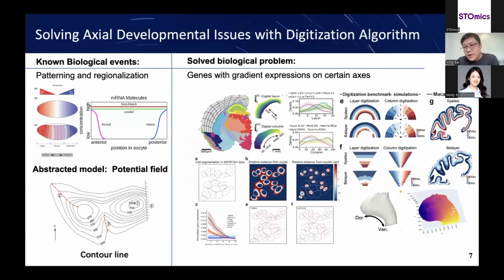In a real biological scenario, for example this macaque cortex, it is quite complicated compared to the cortex we demonstrated in mouse. So the algorithm is designed to solve the boundary problem in this true biological scenario, and we obtained many gradient gene expressions in our developmental result.